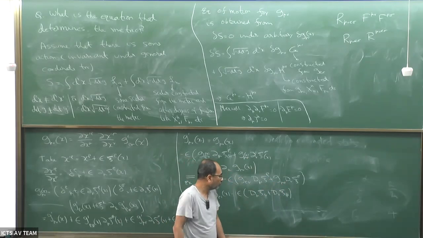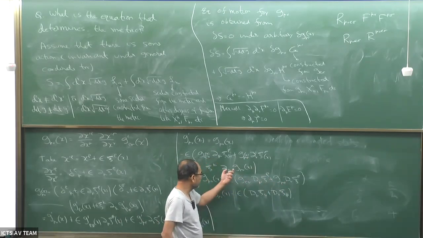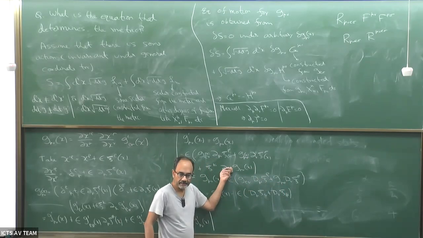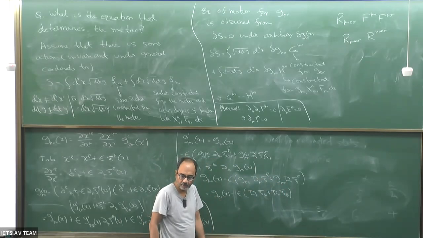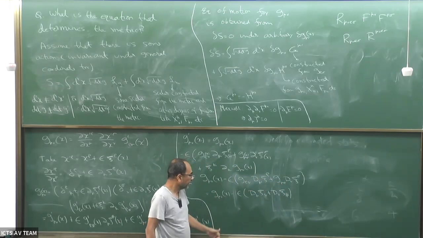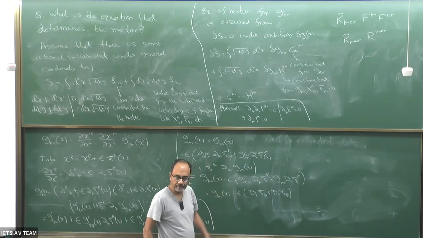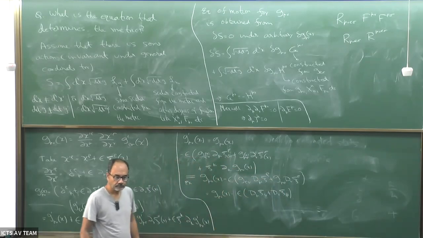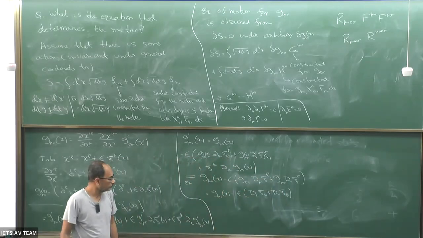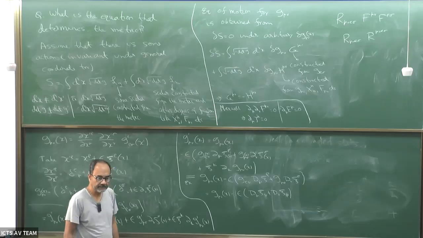And the idea is to show that those gamma terms are precisely these. Gamma we know in terms of derivatives of the metric. You have to just substitute and manipulate to show that the extra gamma terms that you get here are exactly coming from here. Is it clear?